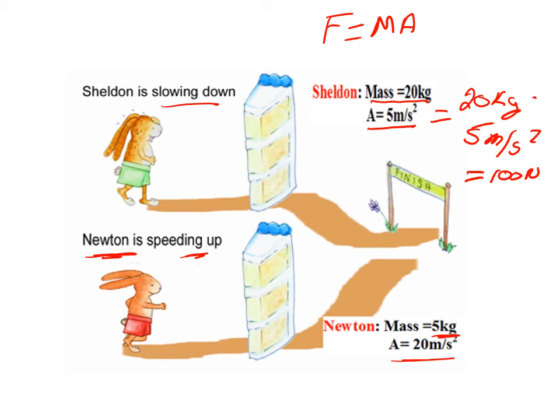And Newton down here, the same thing. If I figure out what force he's going to hit with mathematically, I've got 5 kilograms times 20 meters per second squared, and he also hits at a force of 100 newtons. Because remember, force is a combination of mass and acceleration.